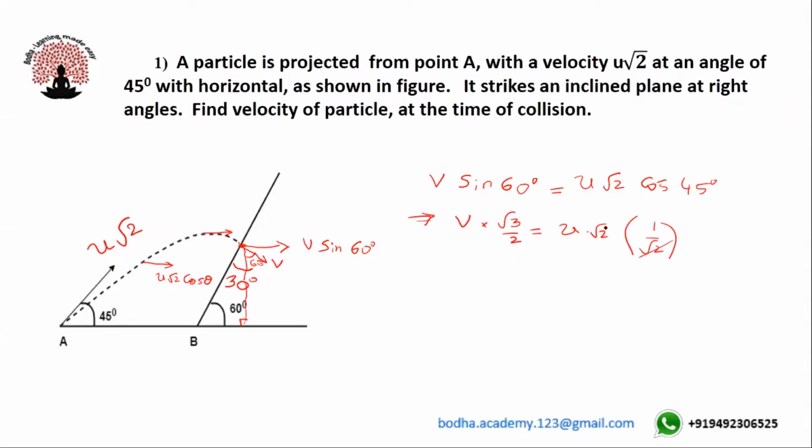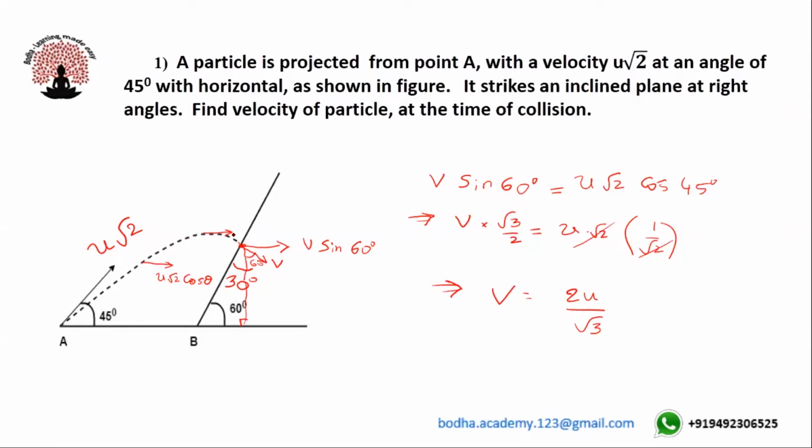So root 2 cancels. So we'll get V is equal to 2u by root 3. So this is the velocity with which the body touches the inclined plane at this point.